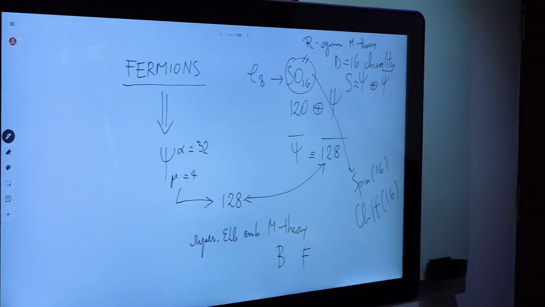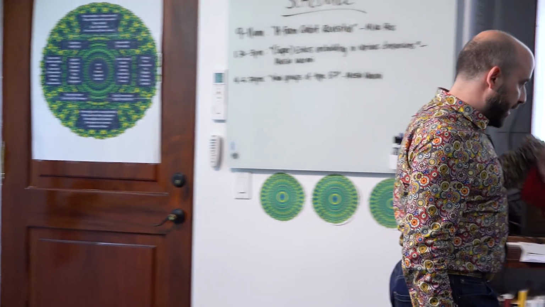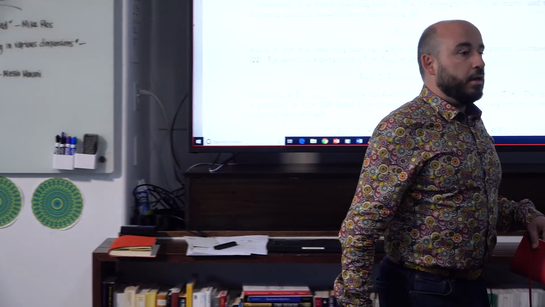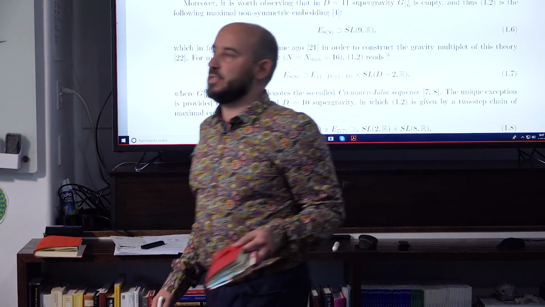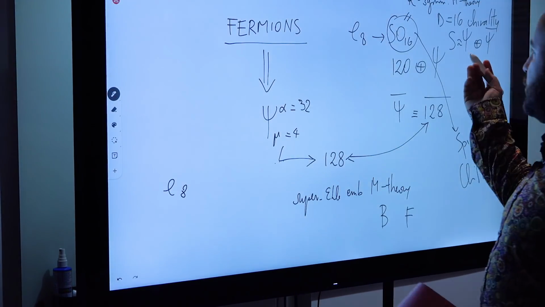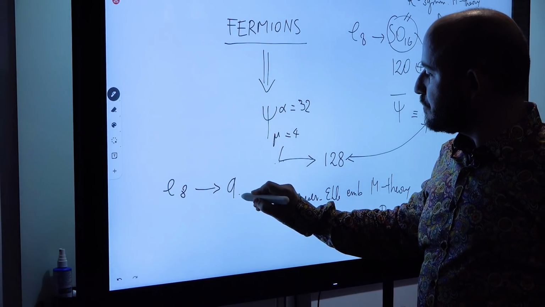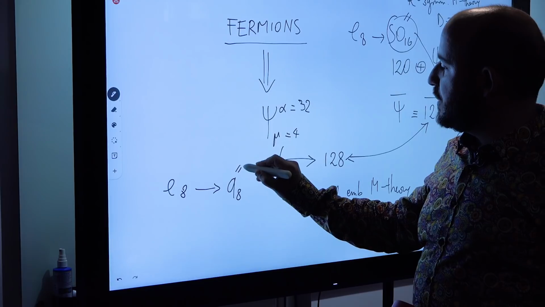Now, where is the interest of this for you? Well, I was looking at the slides that Ray kindly shared with me, and in these slides, I recognized the fact that Ray was considering exactly the compact form, or if you want, the complex form of this decomposition, which is, of course, SL9.